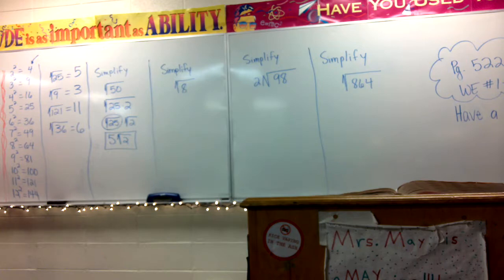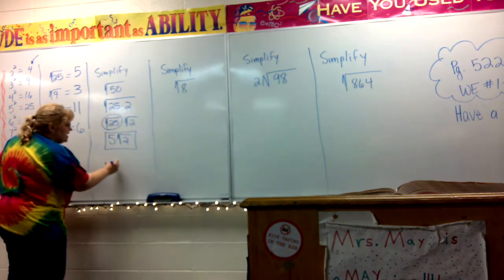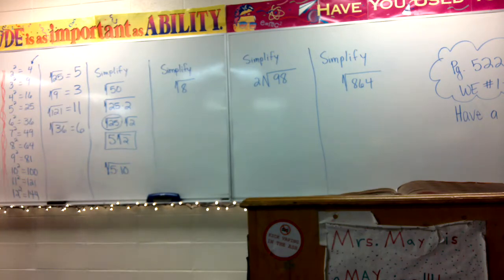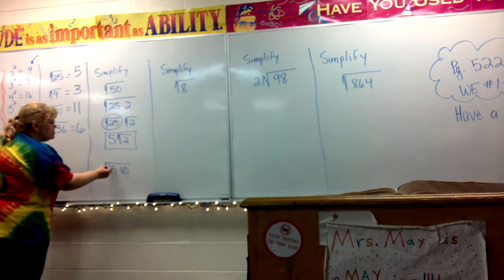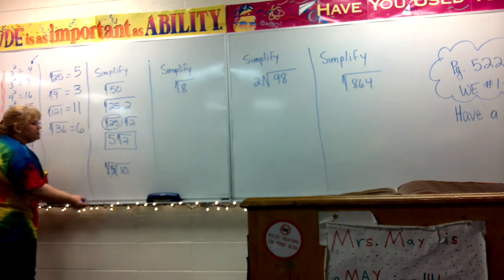Someone last hour said, well, couldn't I break this down, square root of 50 into, it's also 5 times 10, isn't it? Well, you could break it down into 5 times 10. 5 times 10 is 50. However, does the square root of 5 come out even? Is it a whole number? No. So that doesn't help us.